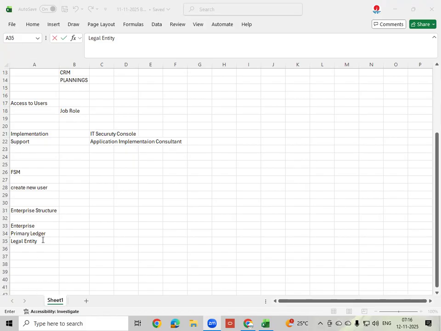Yeah, legal entity. At this level itself, there is the meaning of legal entity. If you want to start a business anywhere, in any country, even for small shops nowadays, we need a trade license, right?